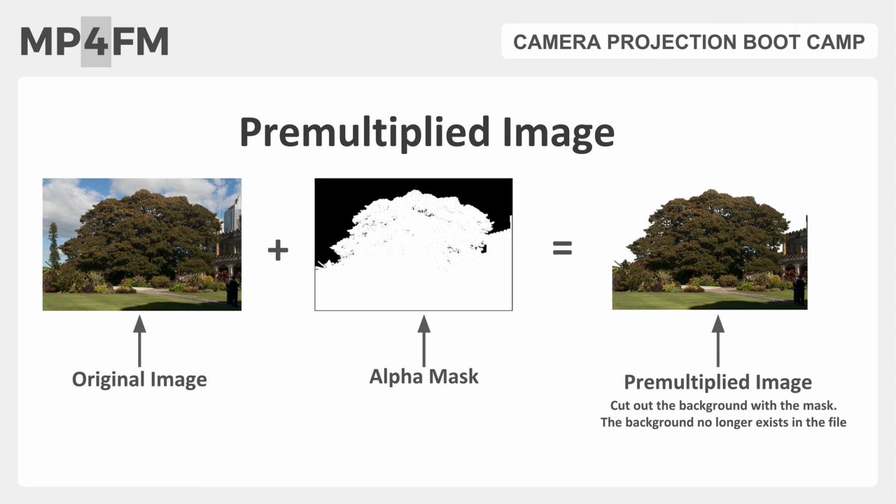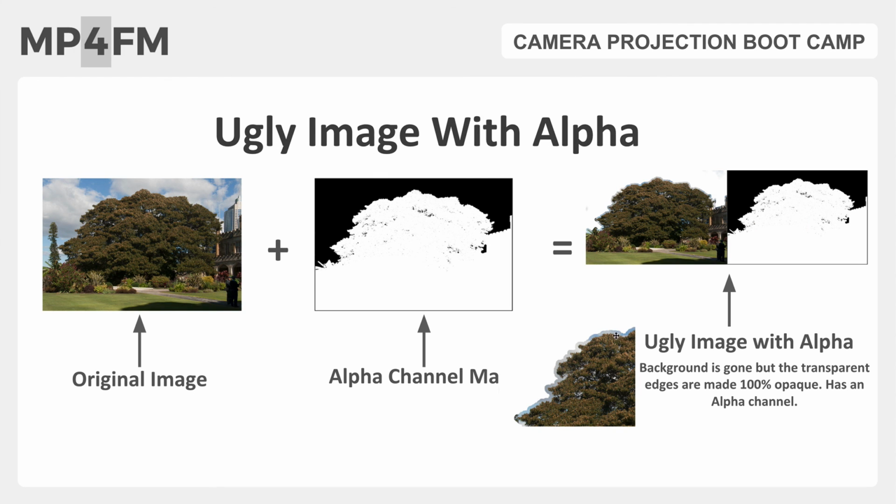And when you do that, you have all of these semi-transparent pixels along the edge of your image. Those semi-transparent pixels become 100% opaque. As you're duplicating them on top of there, those transparency pixels start building up on top of each other until they're opaque. So the result is that you get an ugly image.